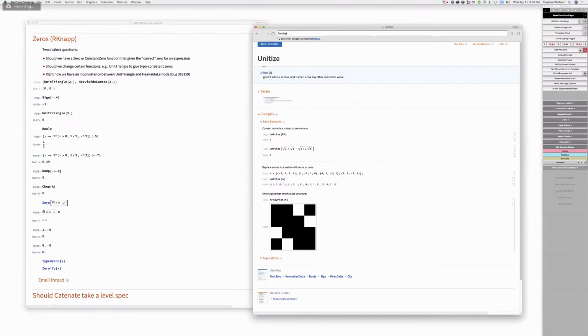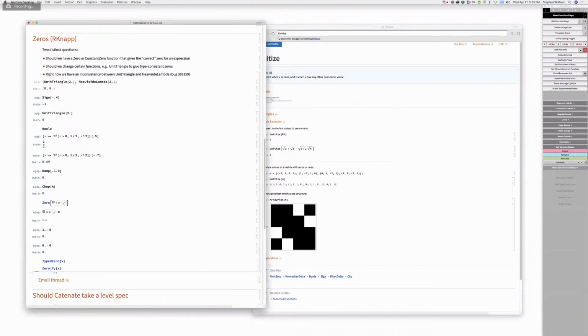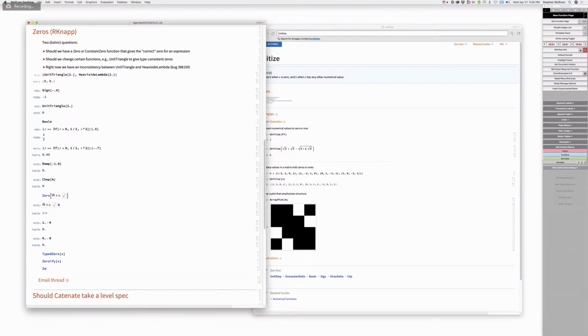Then it's zeroed? 0 eyes? We can't have 0 eyes because it does the opposite thing from unitize. What was the thing Brett just said? Zeroed? That's better. That's actually not bad. Yeah, I like it.